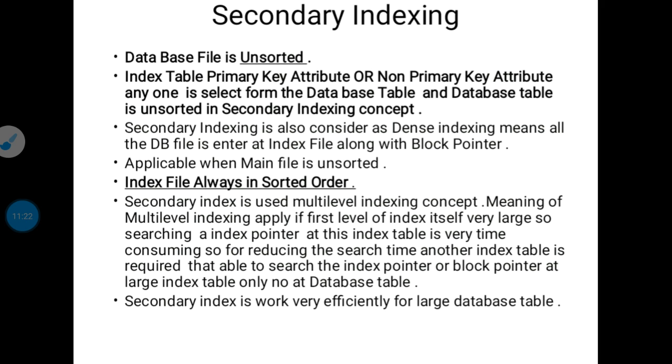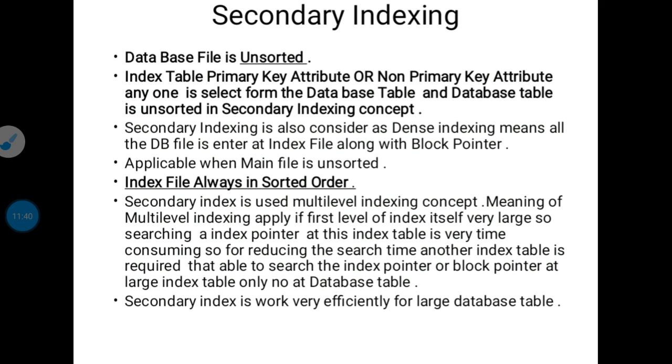Secondary indexing uses multi-level indexing. Multi-level indexing means that more than one index table is used in secondary indexing. That's why it is called secondary indexing. In primary indexing or cluster indexing, we used only a single index table.